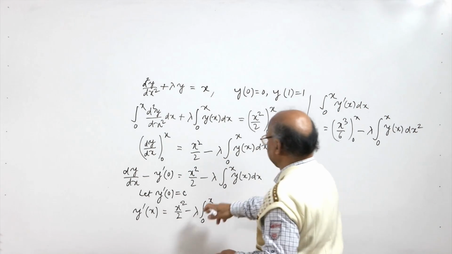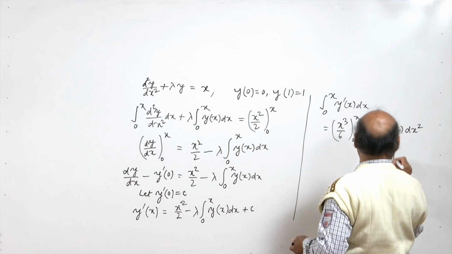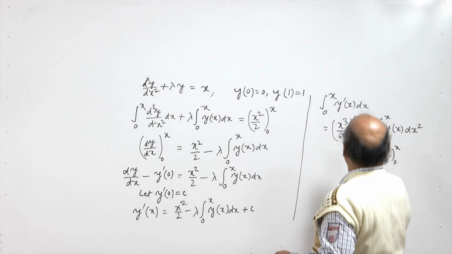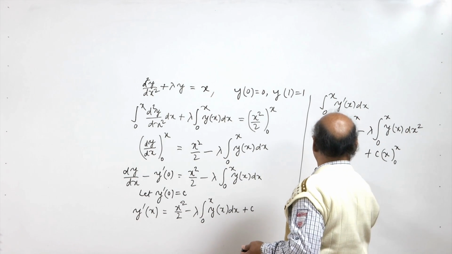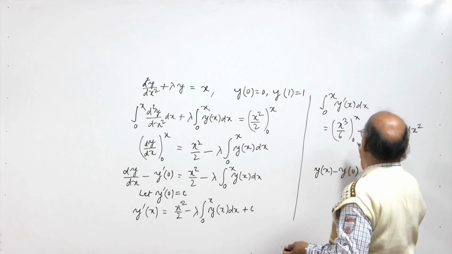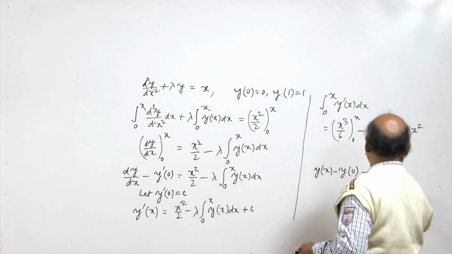When we integrate it again we shall have the double integral plus c x, from 0 to x. Now this will be y(x) minus y(0) on the left side, and here we shall have x cubed by 6.